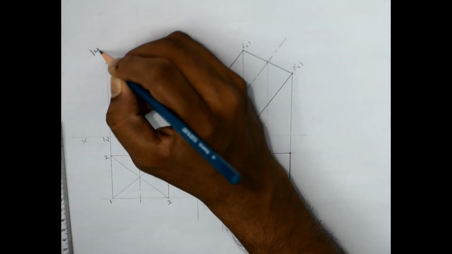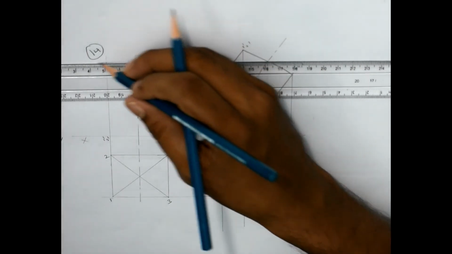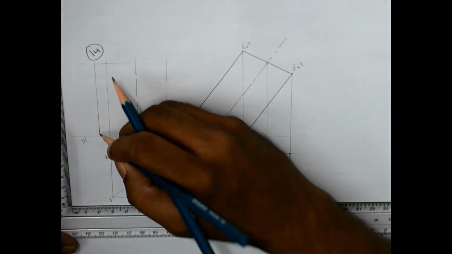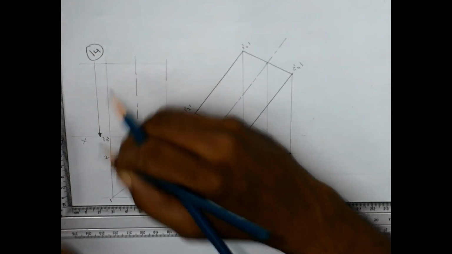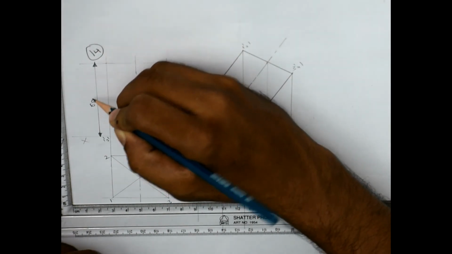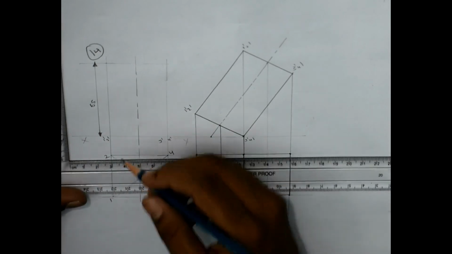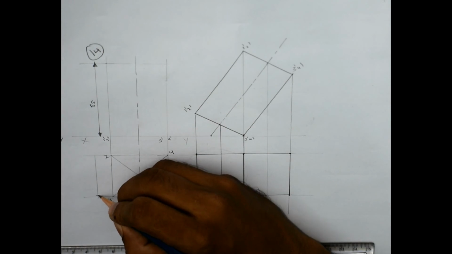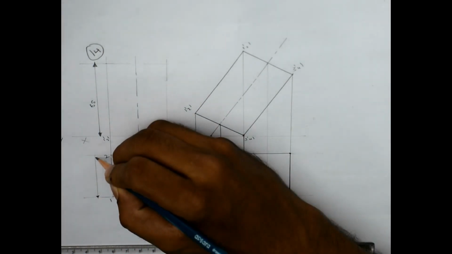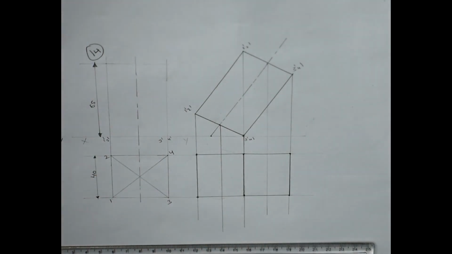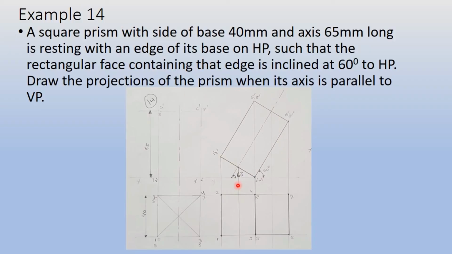This was exercise number 14, and for the dimensioning, we need to dimension the axis height and the base side 40 mm. So this is the final solution of your example number 14.